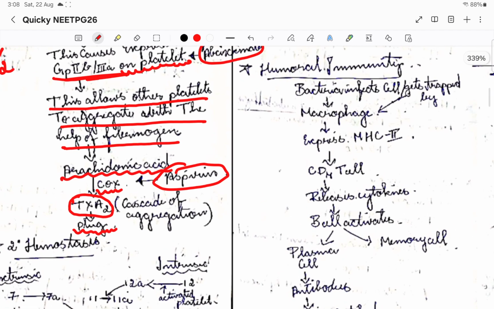Then again, after fibrinogen attachment there is a cascade of reaction. The COX inhibitor is aspirin. So we use aspirin also in MI to prevent thrombosis and increased formation of thrombus or emboli. To reduce more complications, we use aspirin.